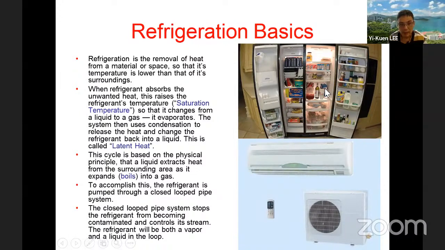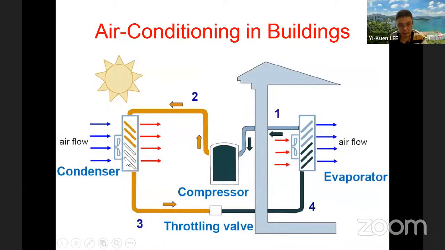So in this case, typically for refrigeration, we most likely will also have this kind of heat transfer, right, to cool down all the food inside the refrigerator. Okay, and in general, let me quickly give you a more detailed description.